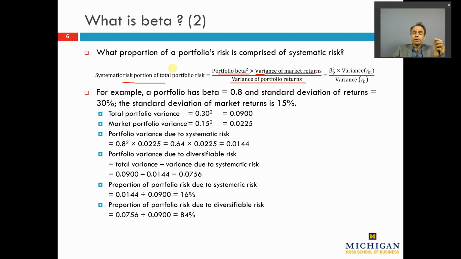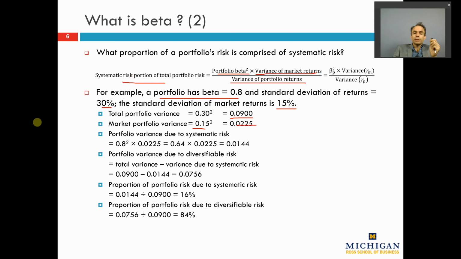So as an example, suppose you've done some analysis that says your total portfolio variance is 0.09, 30% standard deviation squared. The market standard deviation is 15%, so market portfolio variance is 0.0225. And suppose you estimate your portfolio has a beta of 0.8.